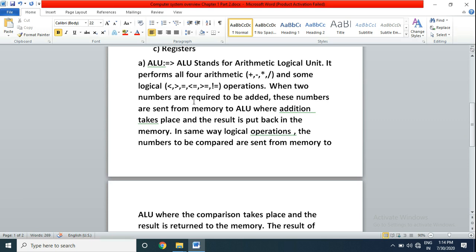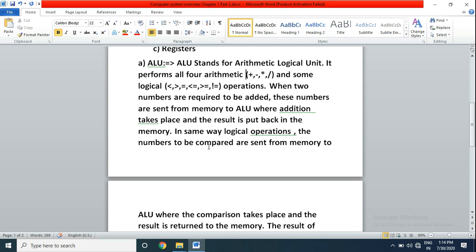For example, whenever you want to add two numbers, these numbers are sent from memory to the ALU, where addition takes place, and then the result is put back in the memory. In the same way, like an arithmetic operation, we can also perform a logical operation in the ALU.